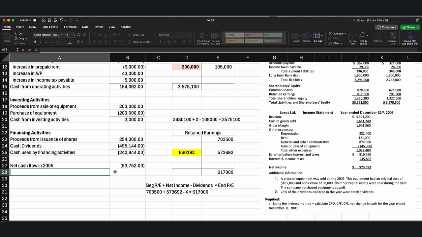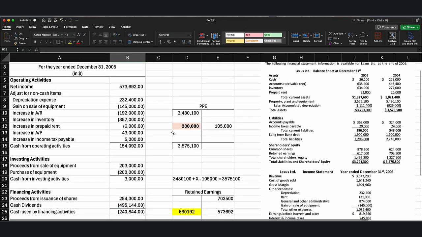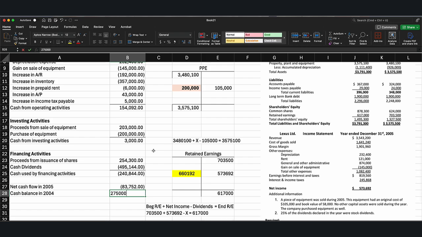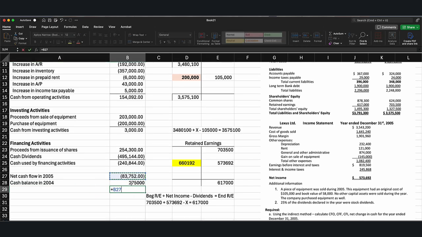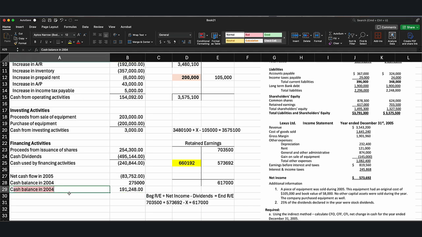So I'm going to take my cash balance in 2004, the previous year, that was 275,000. And I'm going to add these two numbers together. This plus this, 191. Cash balance in 2005, 191,000.